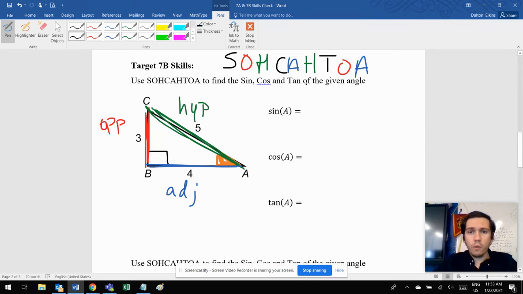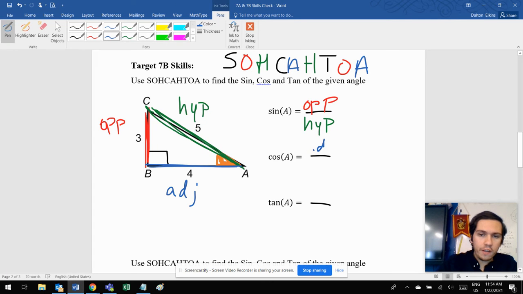Okay, so how does Sohcahtoa help us find sine, cosine, and tangent? Well, these ratios, meaning fractions, are the same for every triangle. Sine is always the opposite, which starts with O, over the hypotenuse, which starts with H. You'll see that as the SOH in Sohcahtoa.